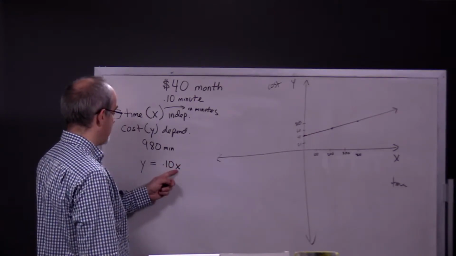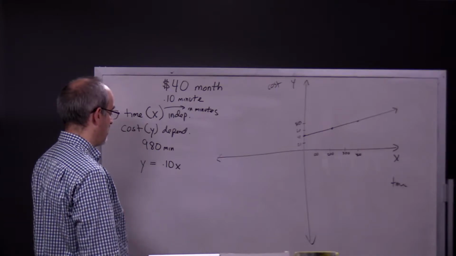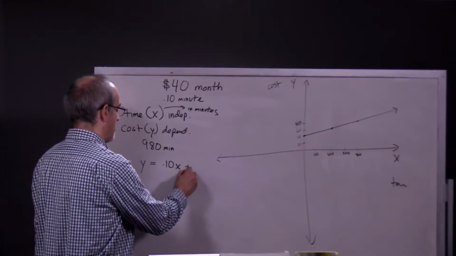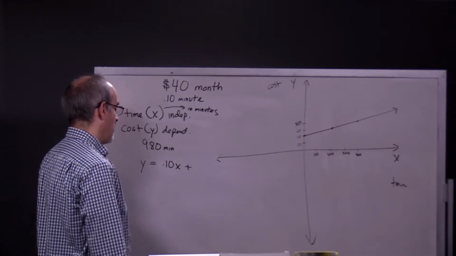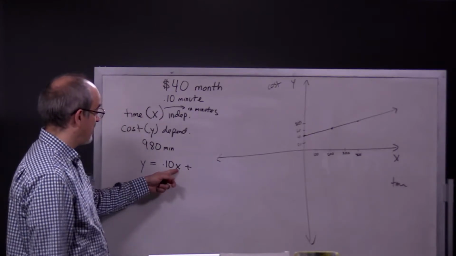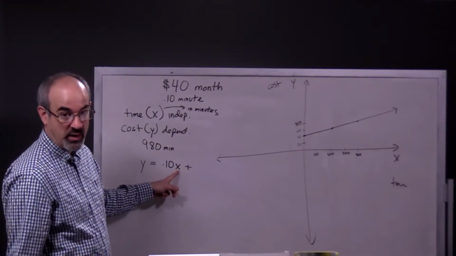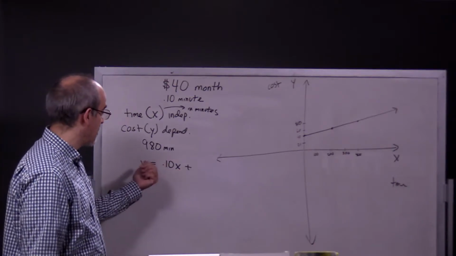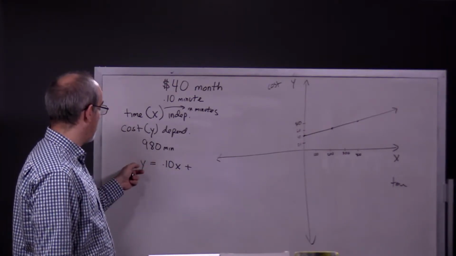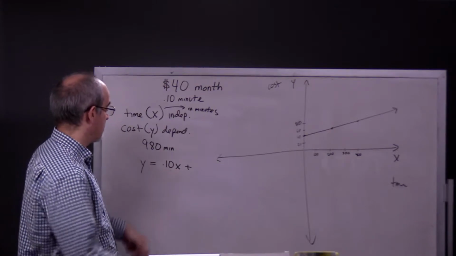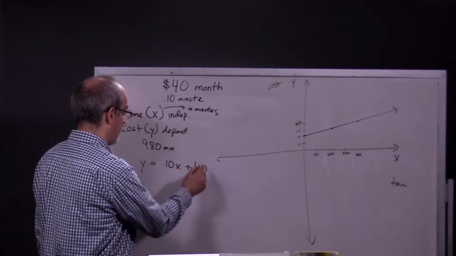So we have to multiply the time by 0.10. Then we have to add something to it. We know if we don't talk at all, which would be 0 minutes, it still costs $40. So for this to equal 40 when that's 0, this would have to be 40 out here.